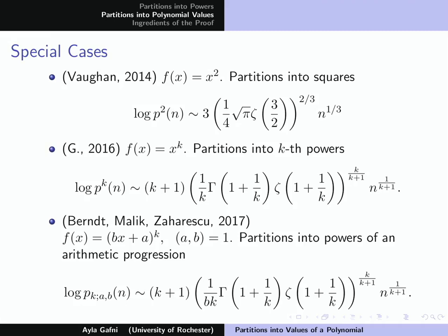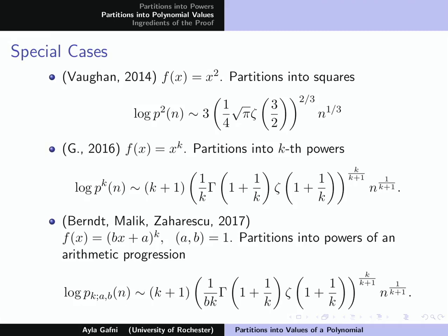And so their result, they actually have an explicit asymptotic formula, but if you just take the logarithm and look at the asymptotic growth there, then you end up with this, which, if you notice, is almost exactly the same as the kth powers case, except that we have this extra little b here. It's actually the kth root of the leading coefficient of the polynomial.